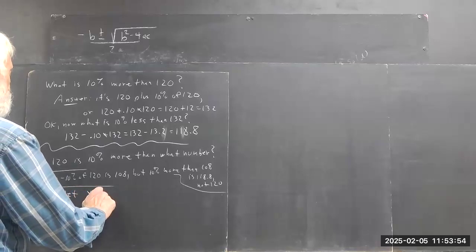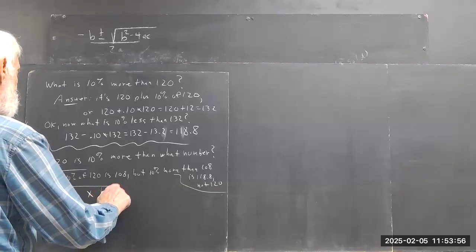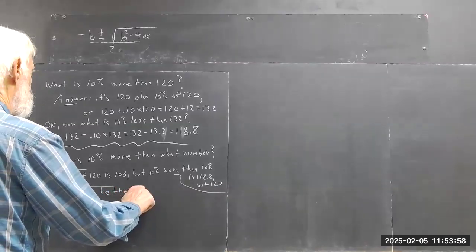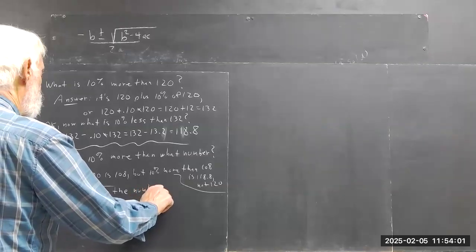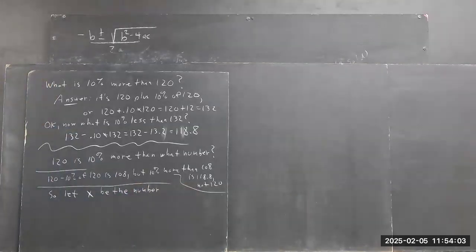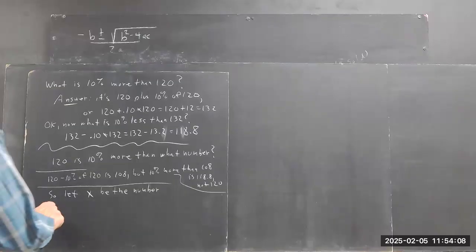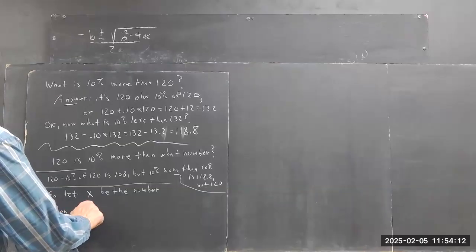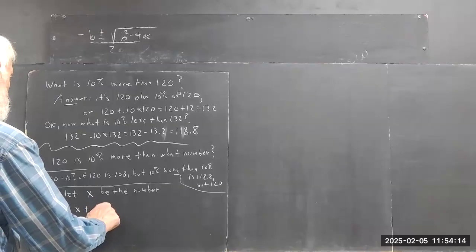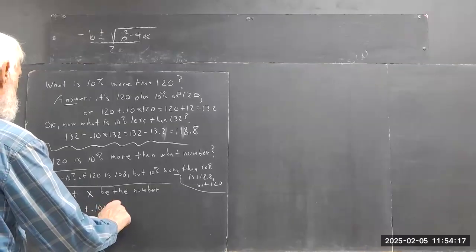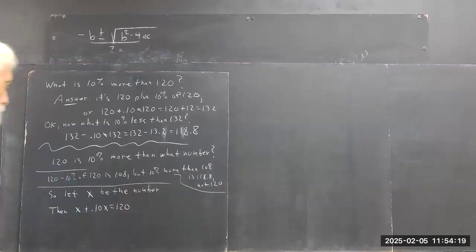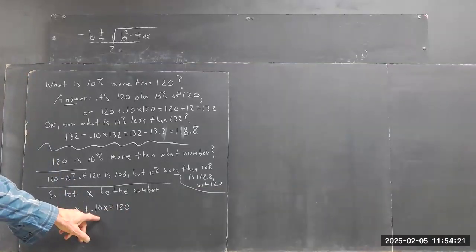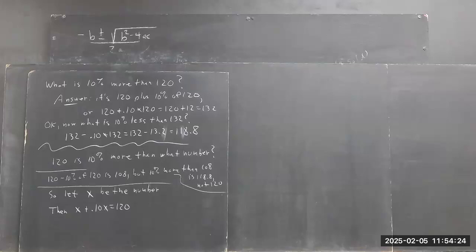Let x be the number. Okay. Then x plus 0.10x equals 120, right?